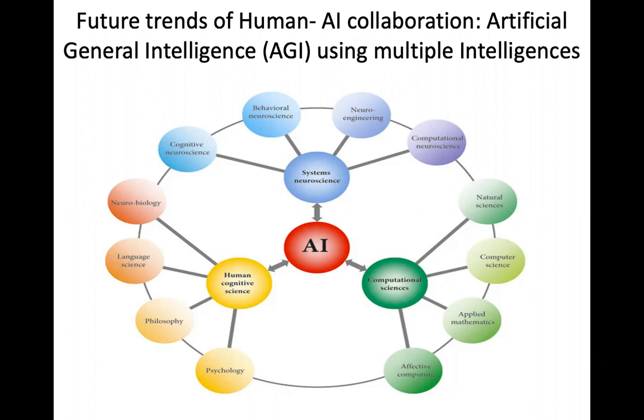So being an artificial intelligence expert, you must have a deep knowledge of human cognitive science. And human cognitive science comprises of neurobiology, language science, philosophy, psychology. Then the third component is computational science. Computational science comprises many things.